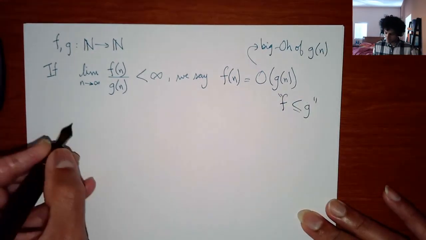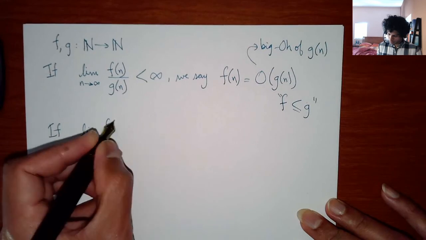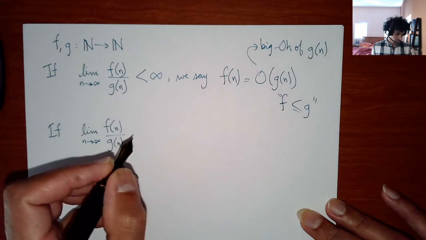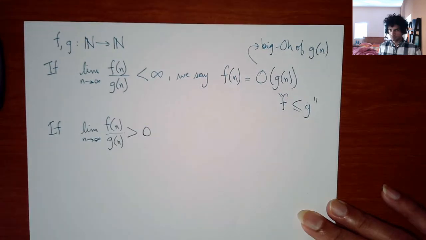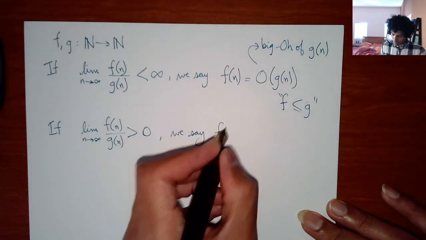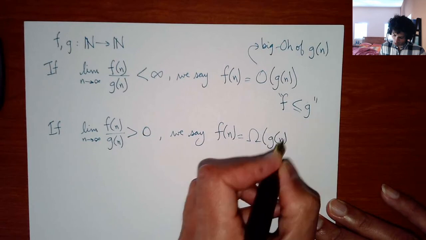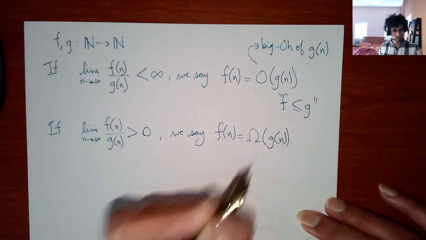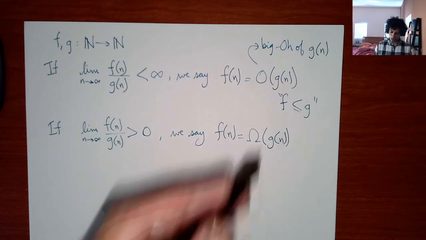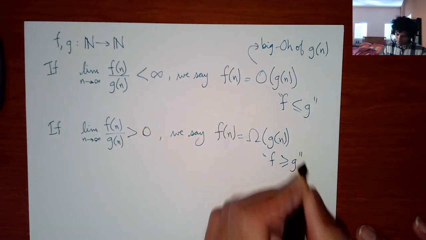If the limit as n goes to infinity of f of n divided by g of n is greater than 0, then we say f of n is big omega of g of n, or typically it's just said omega, because there's also something called little omega and little o. So usually it's big O, and this is omega. It's like saying that f is greater than or equal to g.